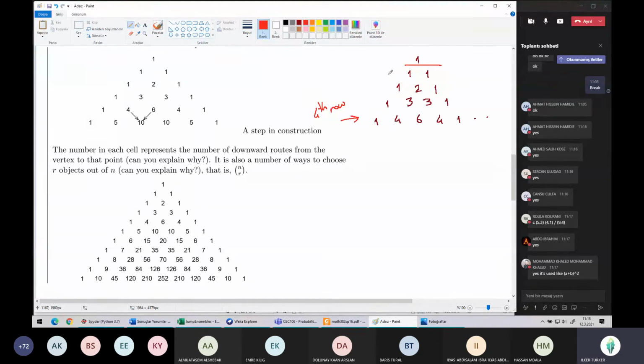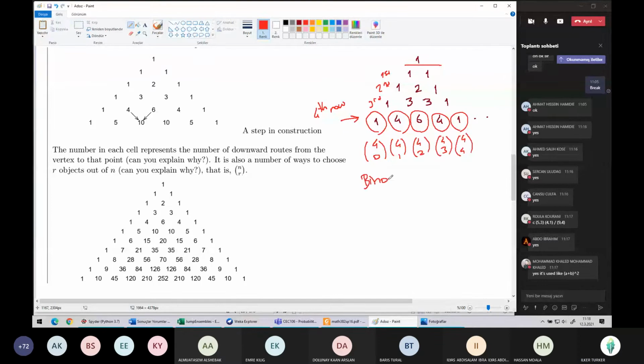So this is the 1st, 2nd, 3rd, and 4th rows, and these are the combinations of 4: 4 combination 0, 4 combination 1, 4 combination 2, 3, and 4. And this is called the binomial distribution, which we'll see in detail later.